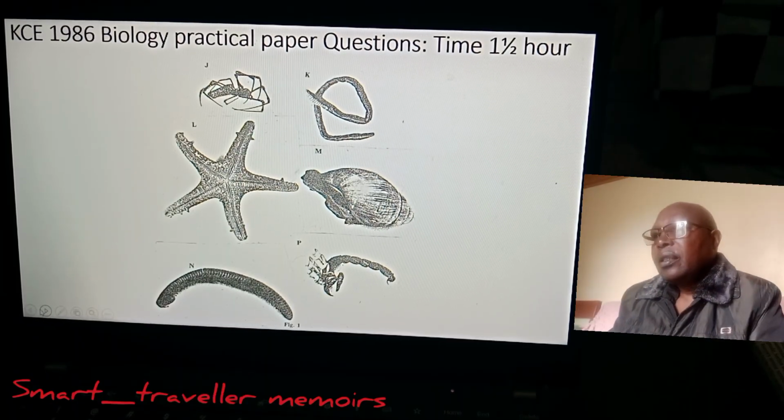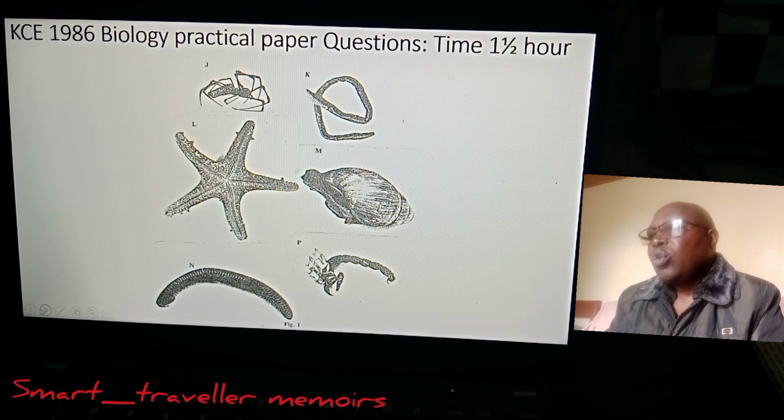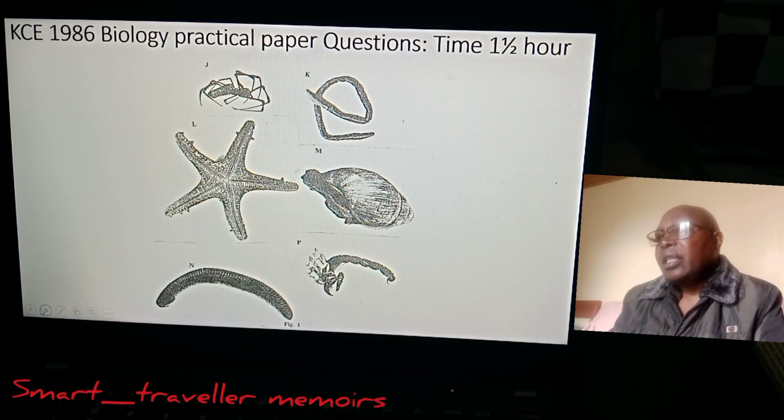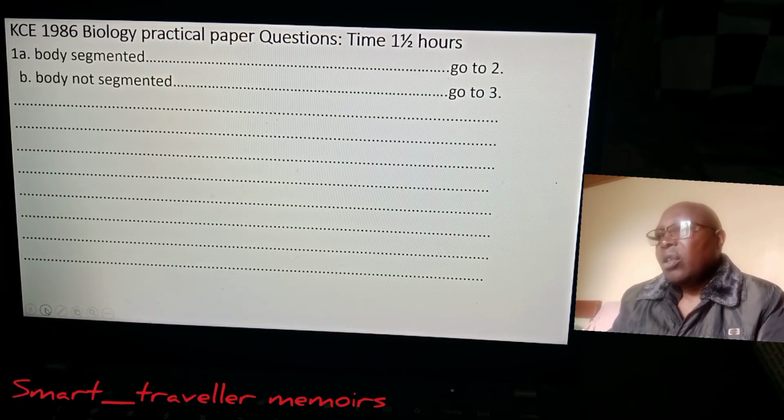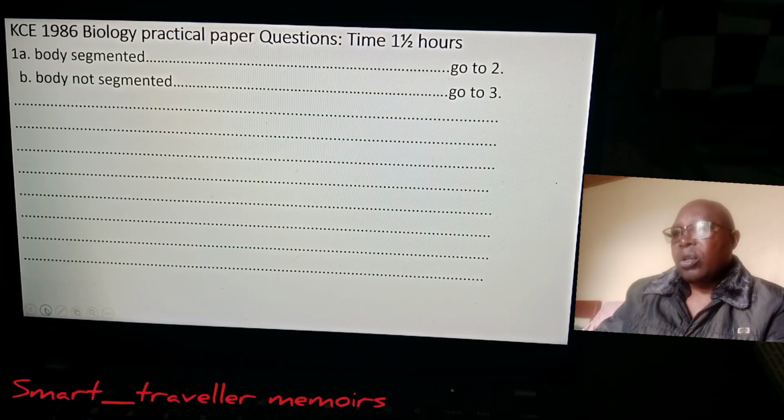So there you have the figure 1, where you have the J, K, L, M, N, and P shown very clearly. So it is up to you to make very keen observations so that you put all those animals into their different groups, or you identify those animals using the dichotomous key.